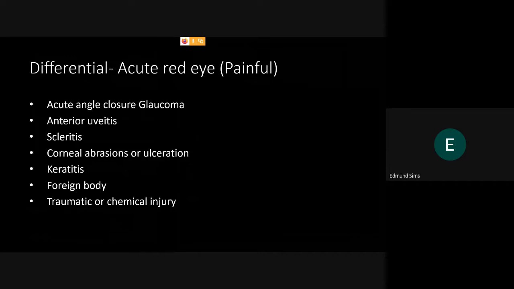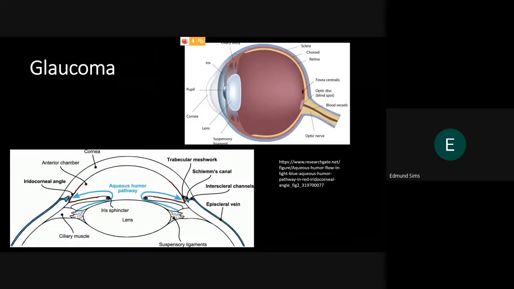Conjunctivitis, I suppose, also could be a bit painful, but it tends to be more itchy than painful. So closed angle glaucoma or acute angle glaucoma, that's definitely one that you cannot be missing. That's a sight-threatening emergency. Anterior uveitis, scleritis, corneal abrasion or ulceration, keratitis, foreign body, and traumatic or chemical injury. So we'll talk through glaucoma to start with.